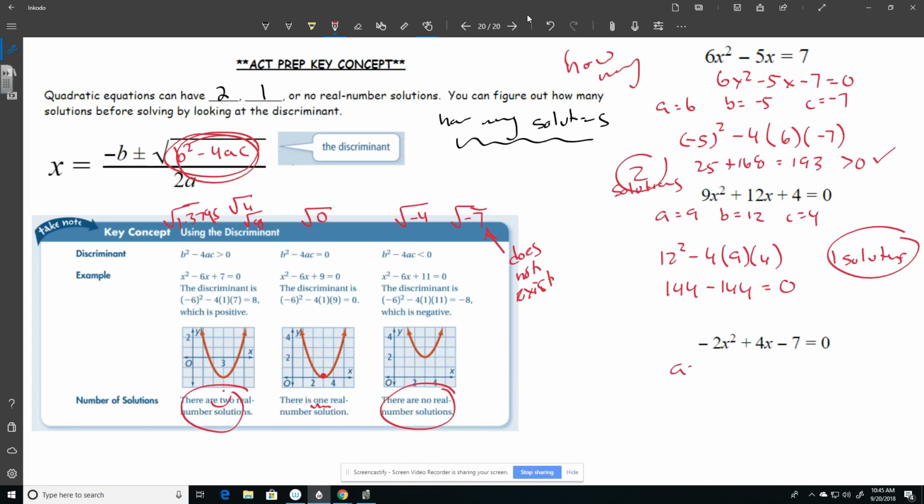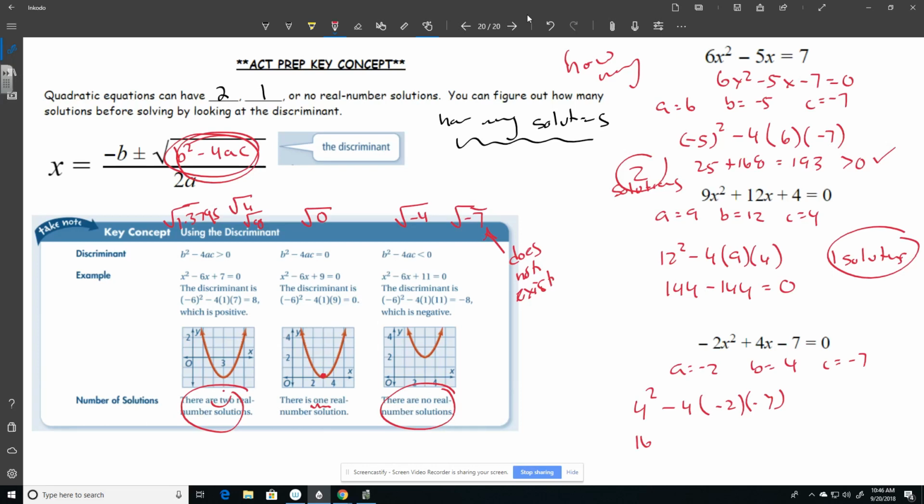So then the last one, a equals negative 2, b equals 4, c equals negative 7. So b squared, or excuse me, negative b squared, and it's a positive 4. So 4 squared minus 4 times negative 2 times negative 7. This becomes 16. Negative 4 times negative 2 times negative 7 is what?